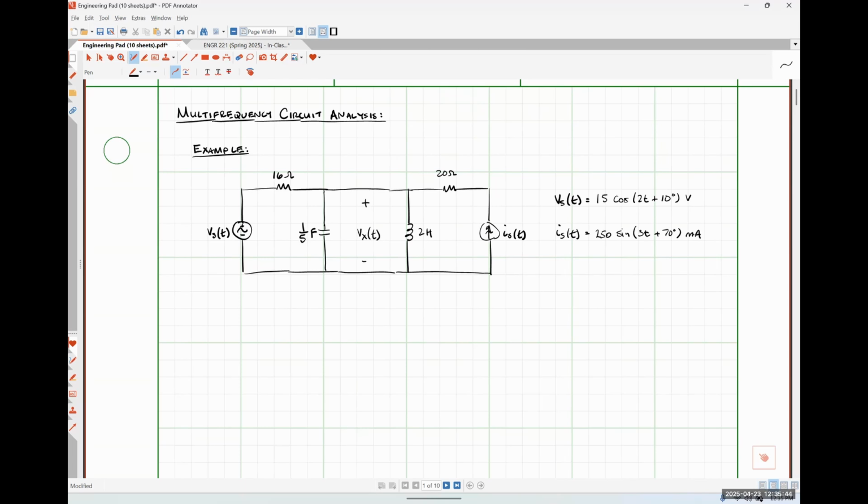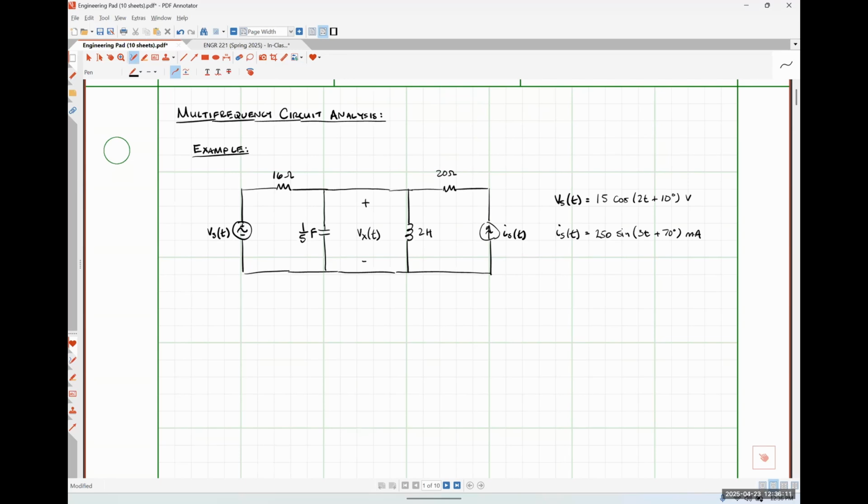So we have an example here of a circuit that is excited at multiple frequencies. Now, we haven't talked about this in circuits one. We're just now introducing it in circuits two, but this is actually a fairly common scenario, okay? Every single one of our radios, communication systems and things like that is a multi-frequency system.